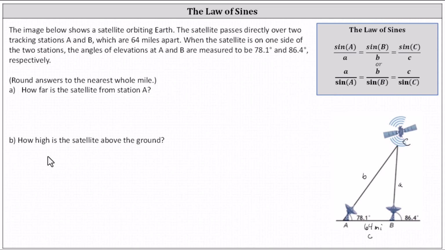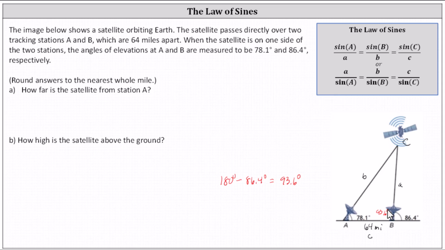We first need to determine the interior angles of the triangle. Notice 86.4 is supplementary to the angle B of the triangle, and therefore we can find angle B by taking 180 degrees and subtracting the angle of elevation of 86.4 degrees, which gives us 93.6 degrees for angle B inside the triangle.